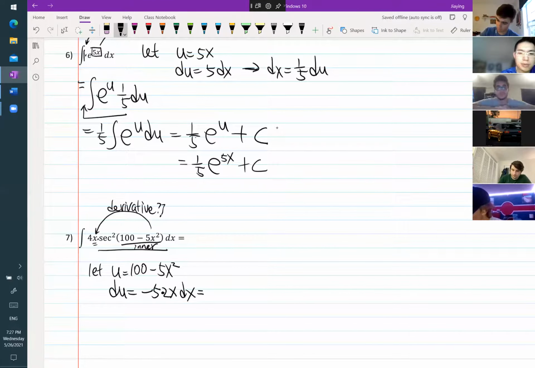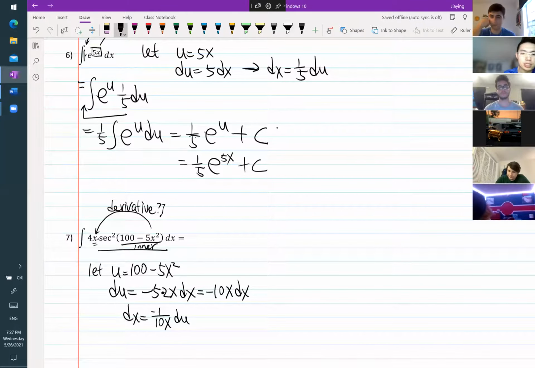So if we simplify, that's negative 10x dx. That's pretty good because in the original integral I had 4x and also a dx, so it looks like the same type of expression. So I'm going to solve for dx: dx equals negative 1 over 10x du.